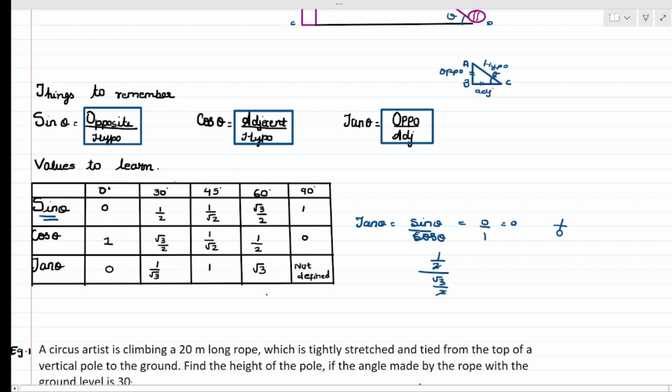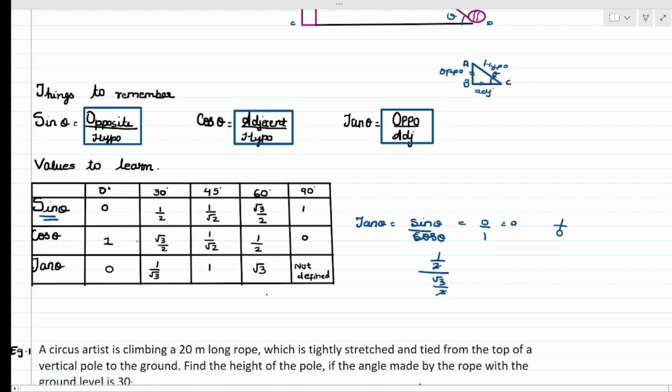In this chapter we will mostly use sine 30 and sine 60. So memorize that sine 30 is 1 upon 2, sine 60 is root 3 upon 2. Again, repeat after me. Sine 30 is 1 upon 2, sine 60 is root 3 upon 2.